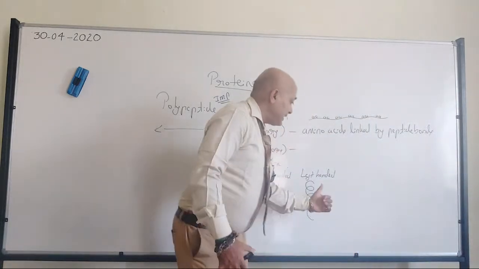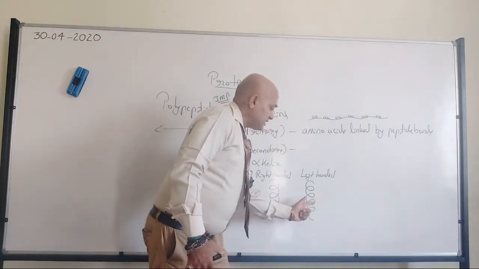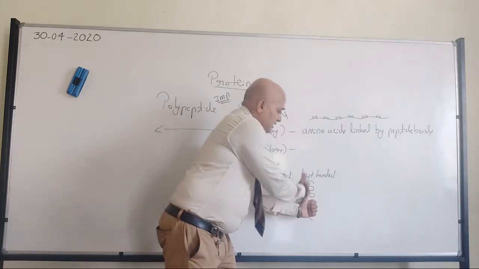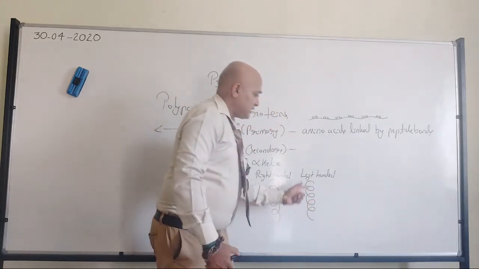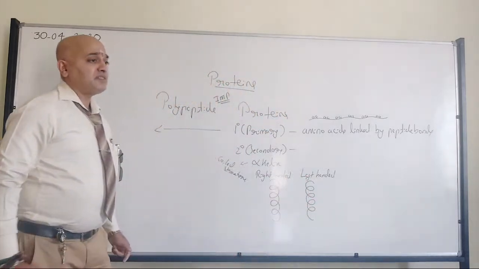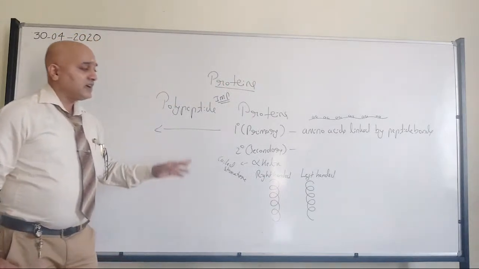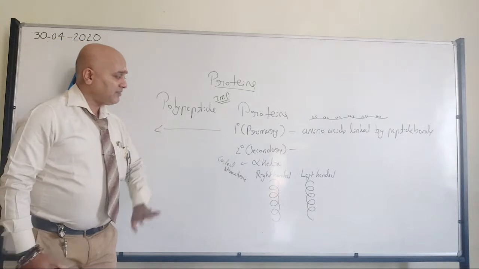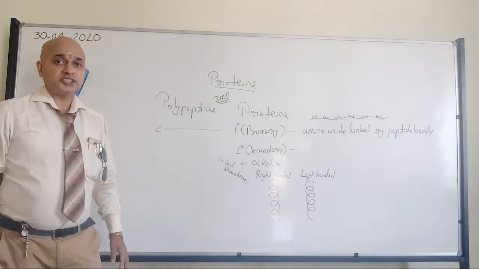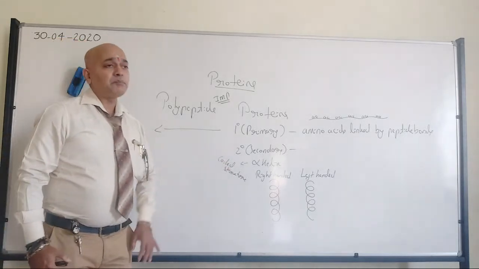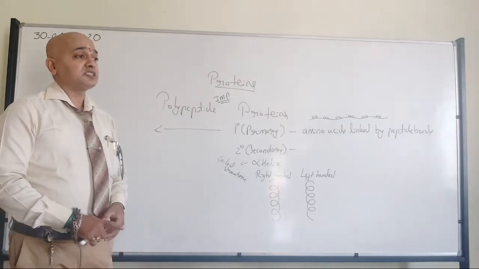If I hold my left hand, then the helical structure is moving in the upward direction. That's why it is called left hand. That's all. Fine. So that's where I have got the right-handed and left-handed helical structure. It is the best example for alpha helical structure.